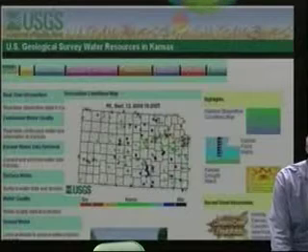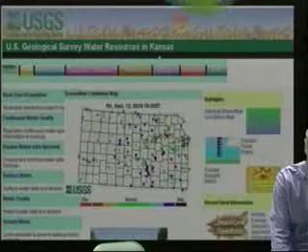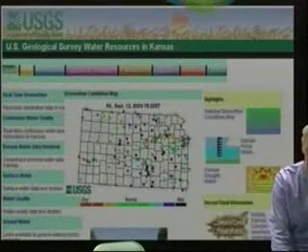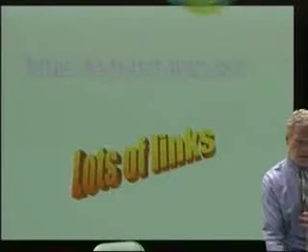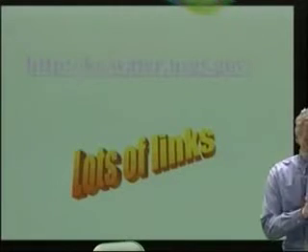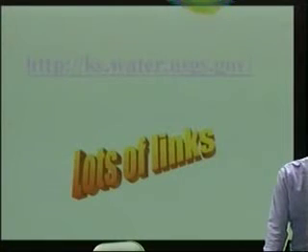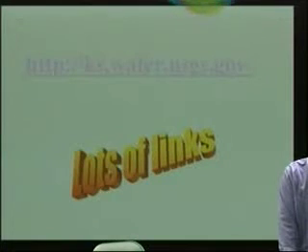So you can get at these. If you get on the USGS Water Resources website, this is for the state of Kansas. You can get on any state. And all these little dots on the screen, you can click on a particular stream, and it'll bring up those charts. And you can calculate them. So why don't you, if you want, write down this website: http://ks.water.usgs.gov/ and you'll get to that website I just showed you.